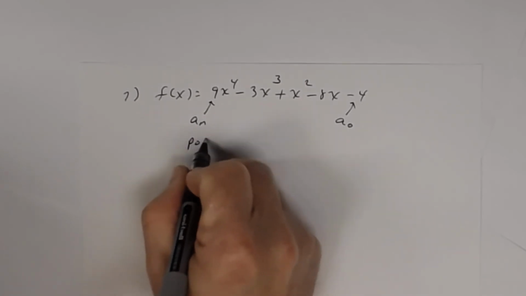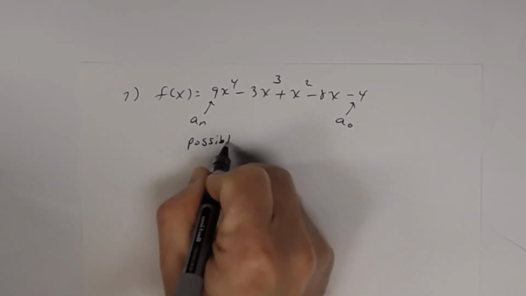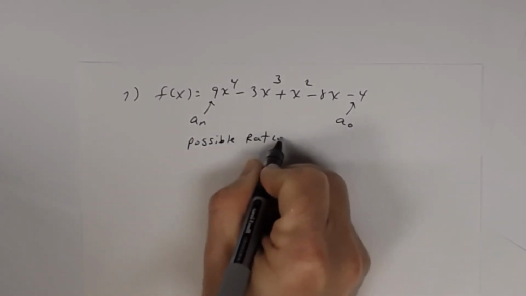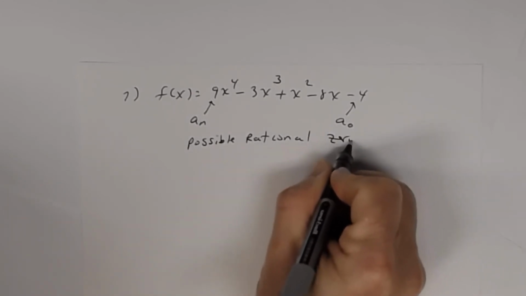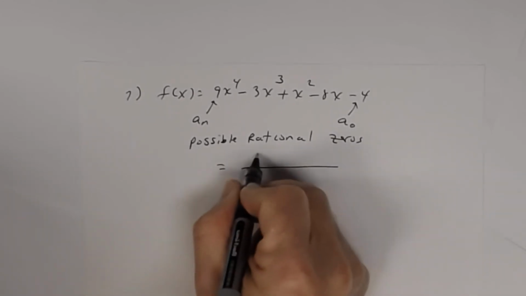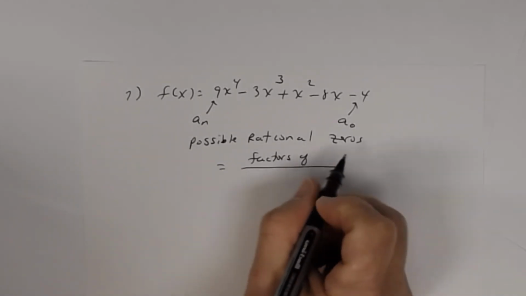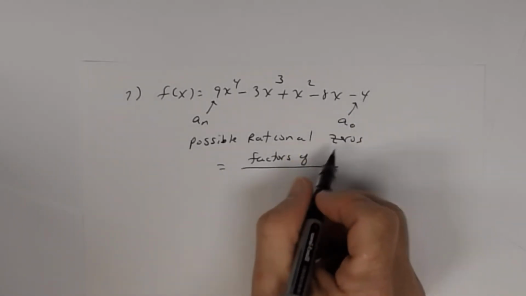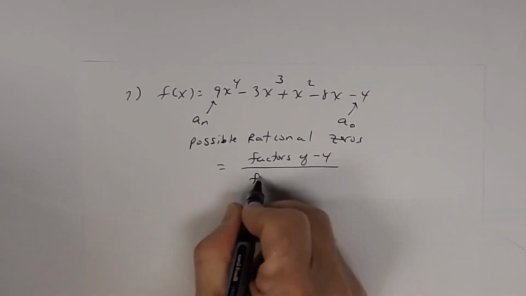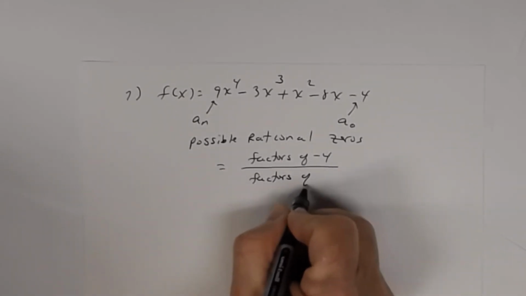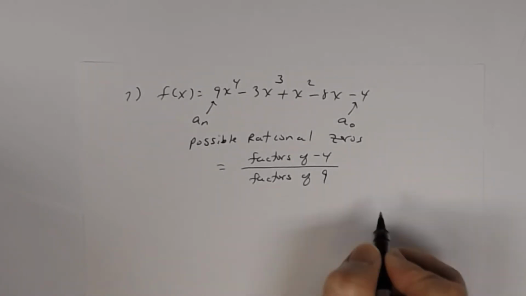So the possible rational zeros will equal the factors of, make sure you put the correct one in the numerator, it's the constant term, -4, divided by the factors of 9, the leading coefficient.